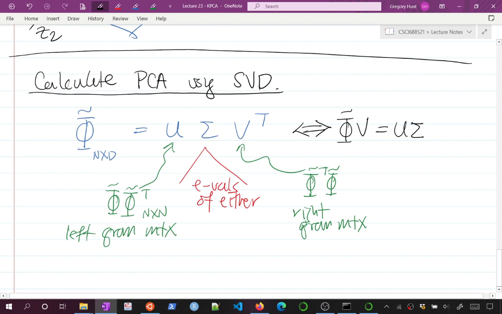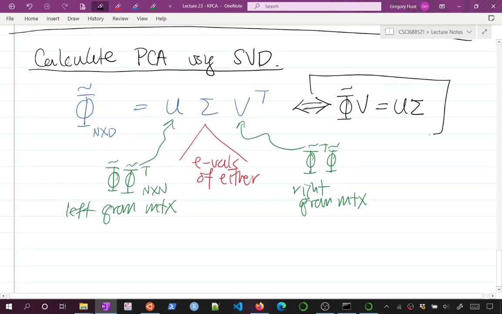And maybe I truncate after Q of these because I only want Q of the components. So this is the overarching equation for the singular value decomposition, which says that I can transform in a certain basis of my row space and column space. But notice that if I want to calculate phi tilde times V, I have to actually calculate phi tilde transpose phi tilde.